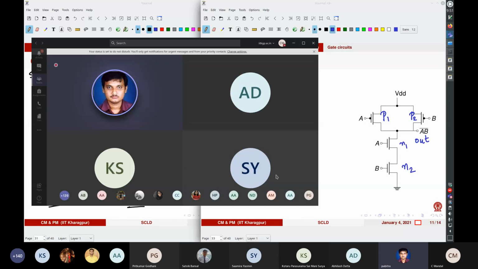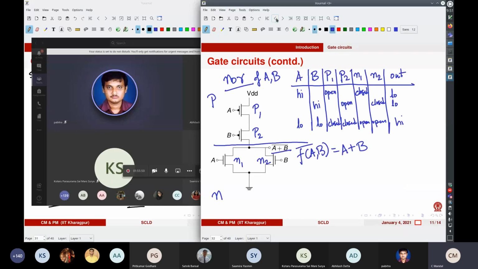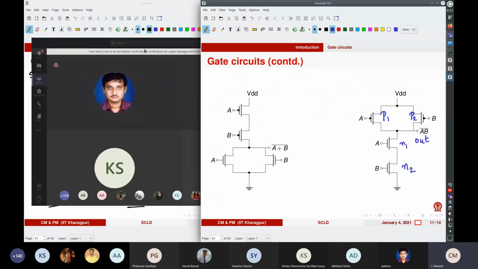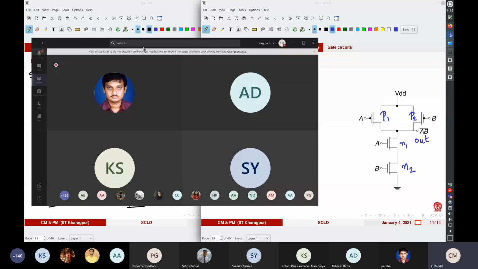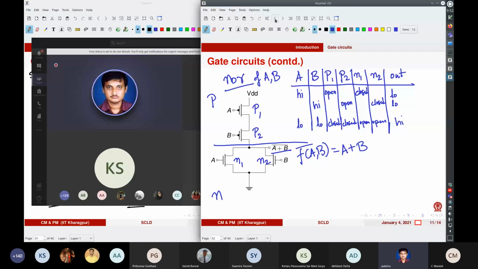Any of you just quickly draw a picture. It's just a simple table like this one. You'll have columns for A and B and P1, P2, N1, N2, six columns, and one out column, which is either low or high.